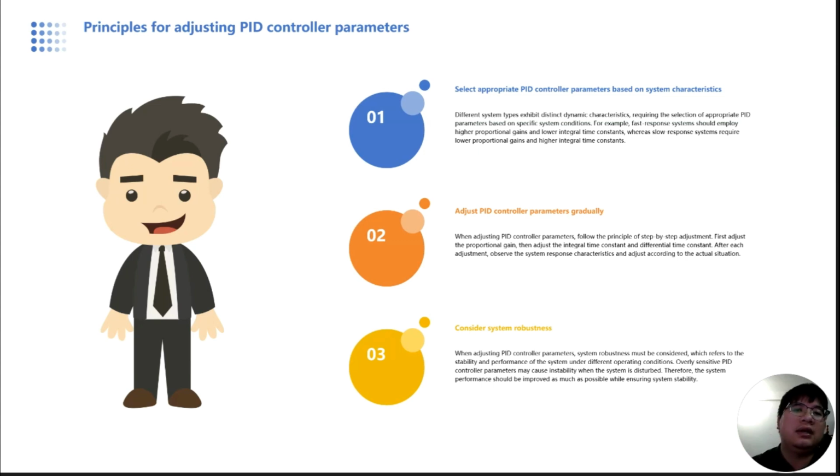Then add integral to eliminate steady-state errors. Finally, add differential to suppress overshoot. Every step requires observing the system's response and making fine adjustments.